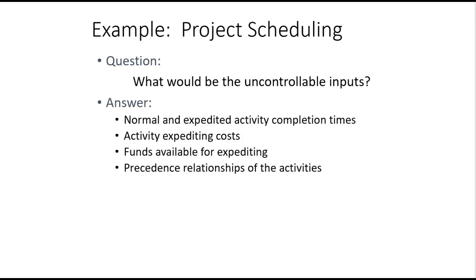And so I might then say, well, what would be the uncontrollable inputs? So maybe there's expedited activity completion times. Maybe it's funds availability or precedence relationships. This is all just background. Don't worry about the details. Just get a feel through this conversation about OR.